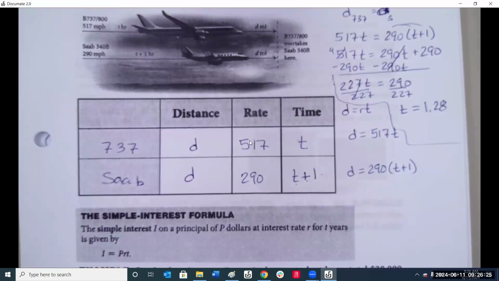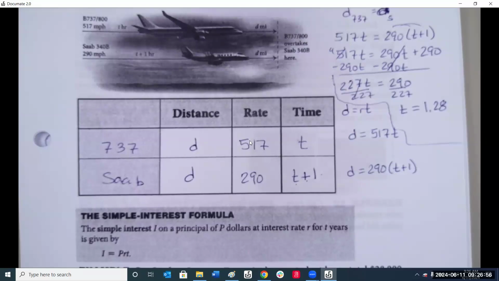What is 0.28 of an hour? No, 0.5 is half an hour. 0.3 is 30%. So what's 30% of an hour? What's 10% of an hour?